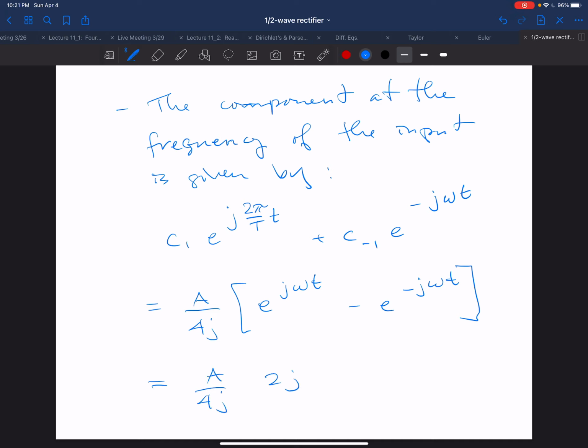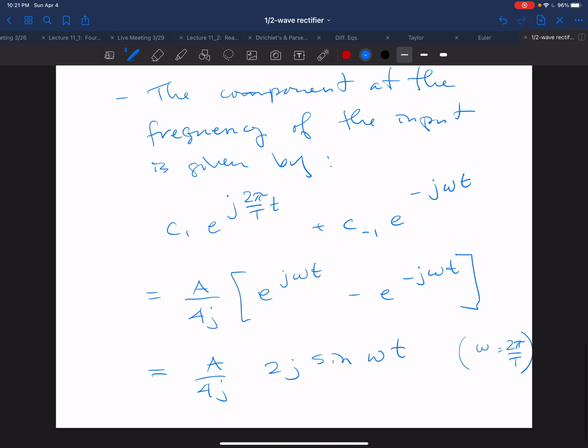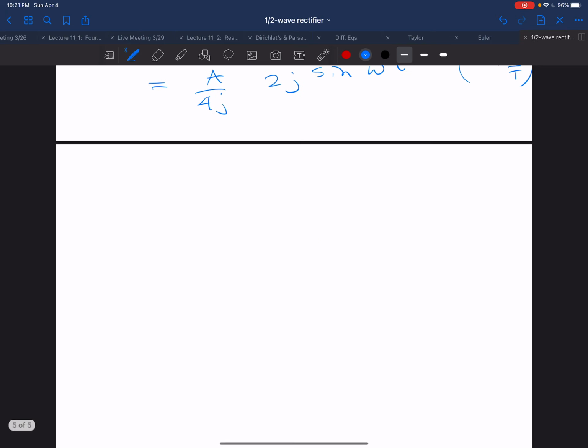This will give us 2j sine omega t, where omega is 2 pi over capital T. And therefore what we have is A over 2 sine omega t. So this is the lowest frequency sinusoidal component.